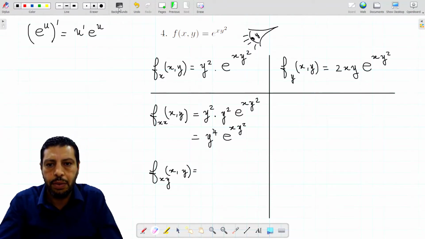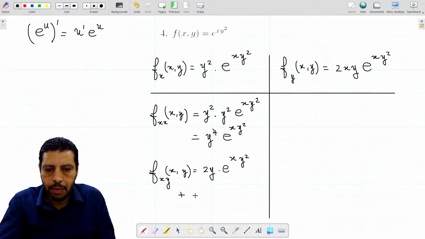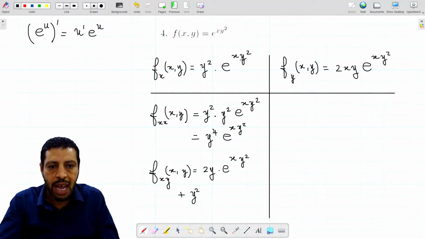The product rule will give 2y, which is the derivative of y squared, times exponential xy squared, plus y squared times the derivative of exponential xy squared with respect to y, which is 2xy exponential xy squared.